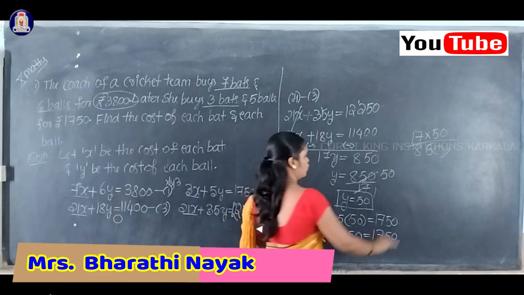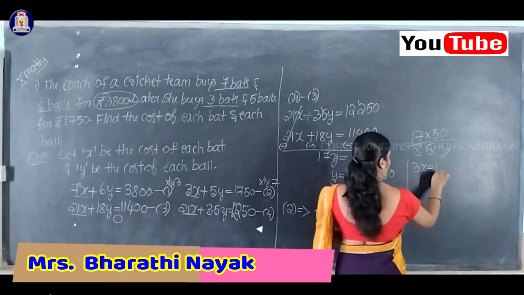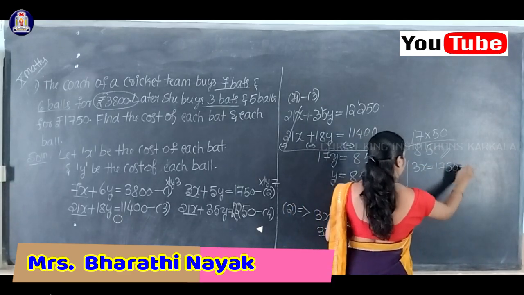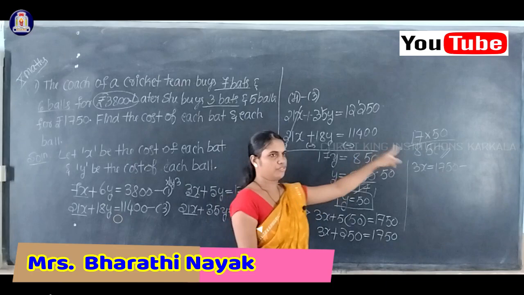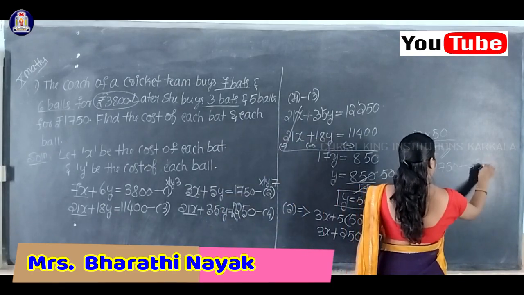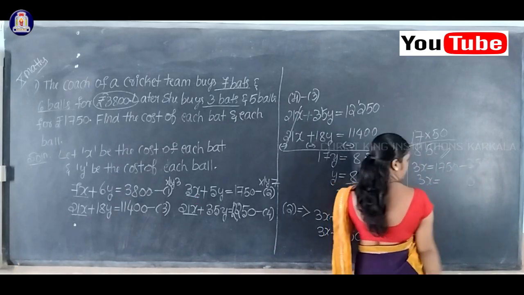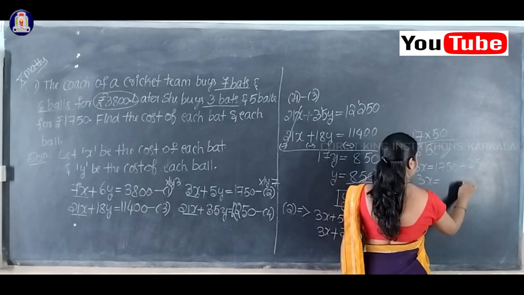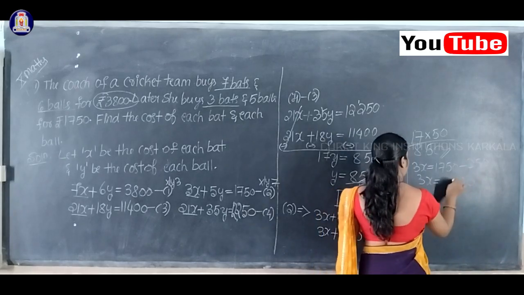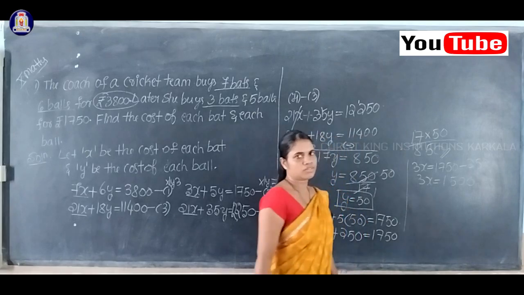Therefore 3x equal to 1750 minus 250, shifting 250 to the right hand side. So 3x is equal to 1500.